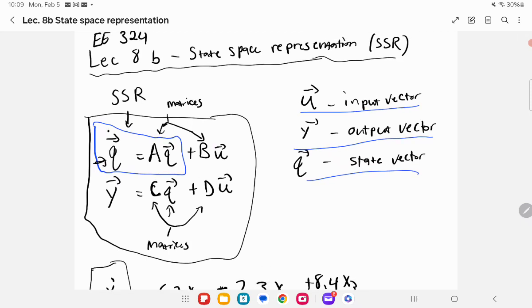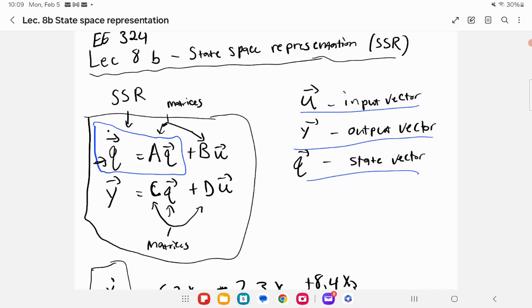So A, B, C, and D here are all going to be matrices. And the size of the matrices will vary based on the system that we're examining, right? So sometimes B might end up being, as we'll see in a moment, a vector. So we'll think of that as a matrix that only has one column, right?